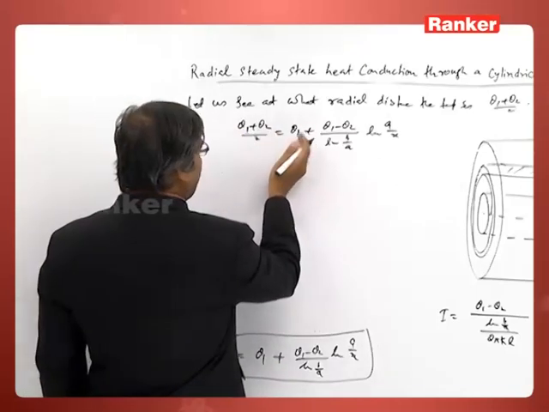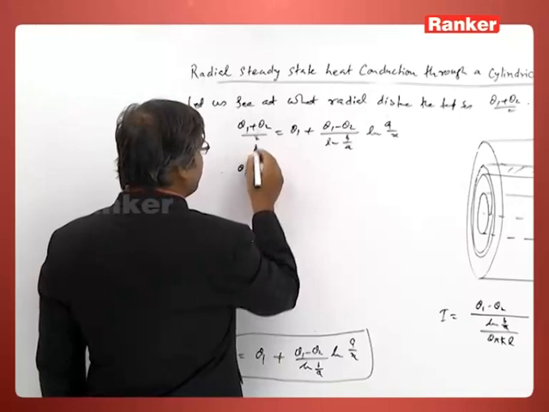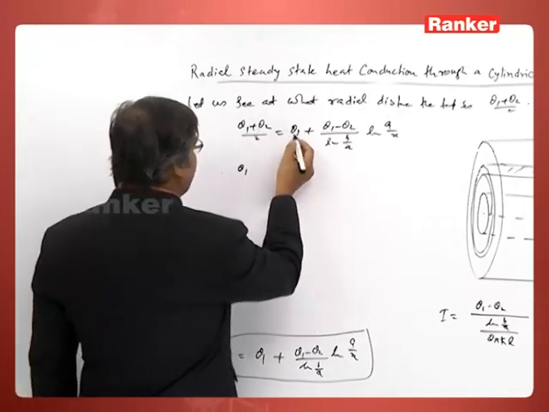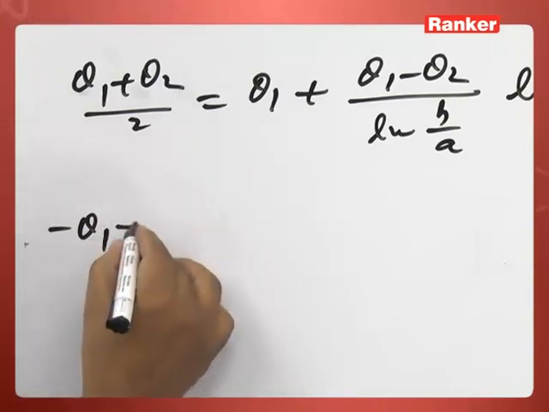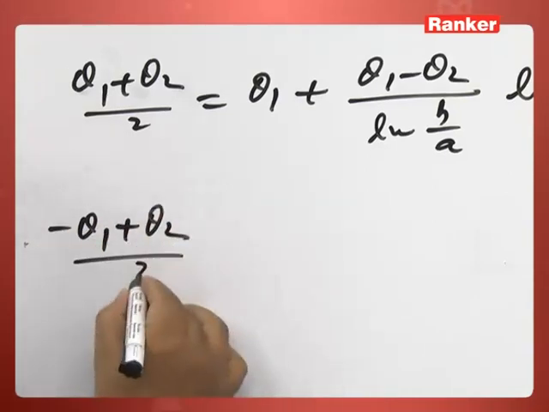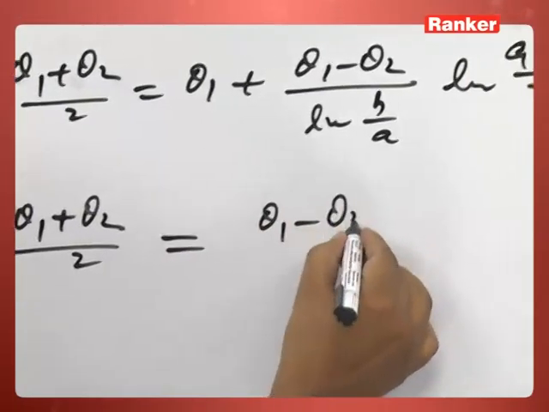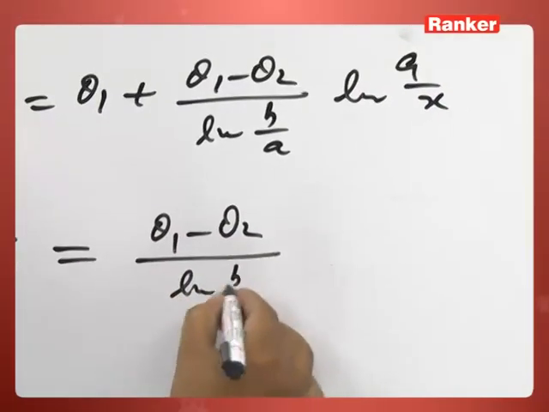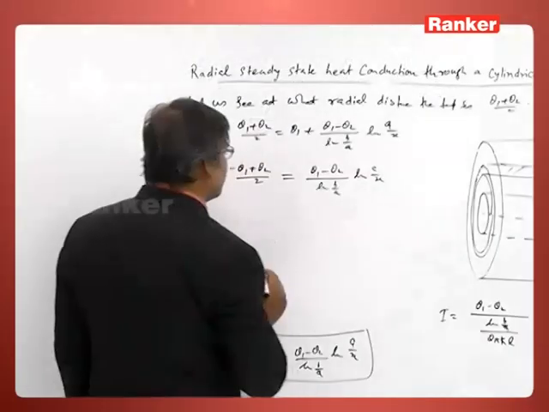So, you just see if I bring this minus, so it will be theta 1, here it will be theta 1 minus, so 2 theta 1, so here minus theta 1 plus theta 2 by 2 is equal to theta 1 minus theta 2 by ln B by A into ln A by x.